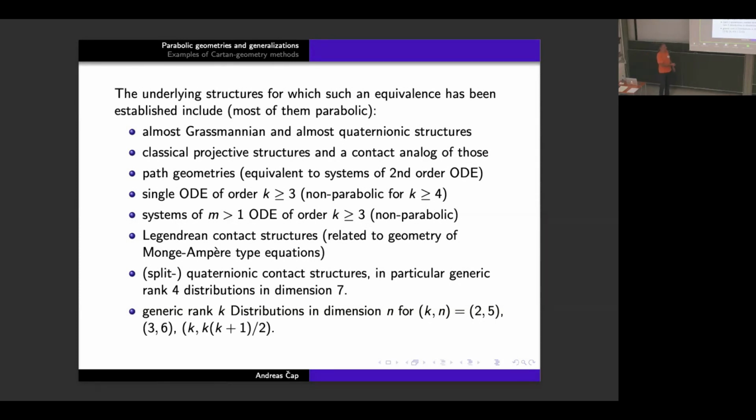So the 2, 3, 5 distributions that you may have heard of that go back to Cartan's five variables paper, and generic 3, 6 distributions, and more generic distributions. Okay, so these are the examples of what the underlying structures look like. It's very diverse, but the uniform feature is that they have a parabolic homogeneous model. Well, most of them have a parabolic homogeneous model.